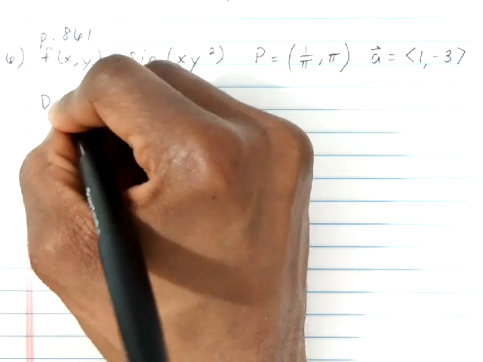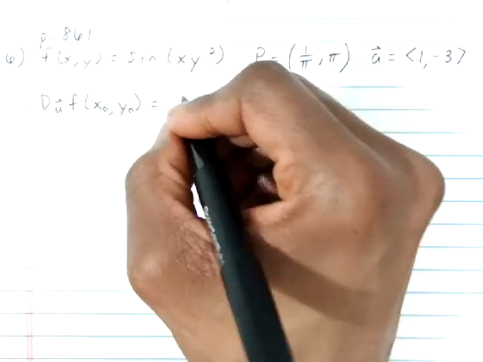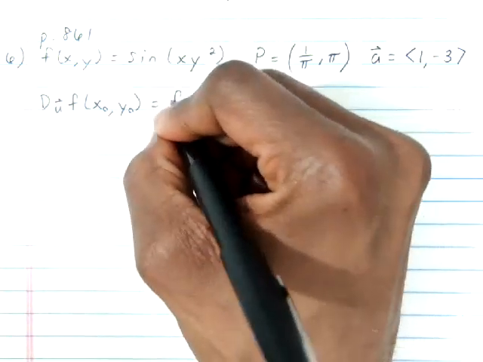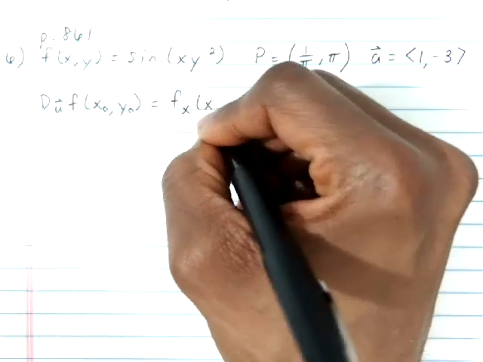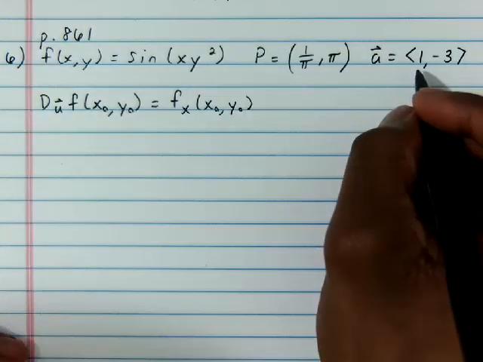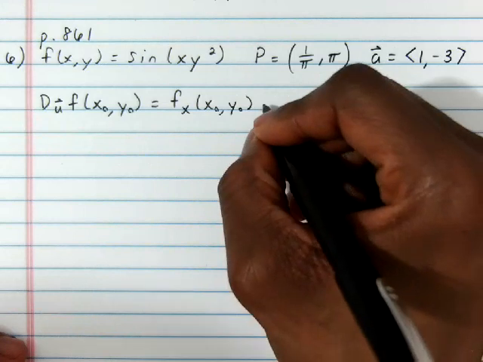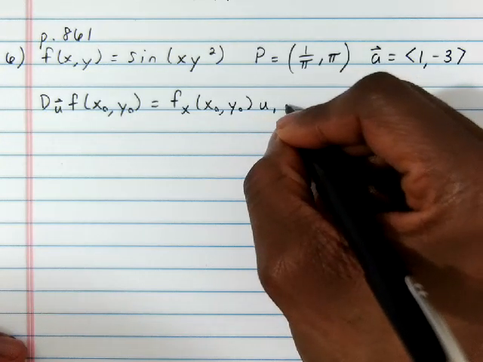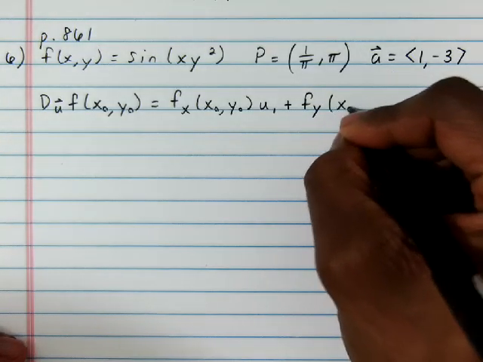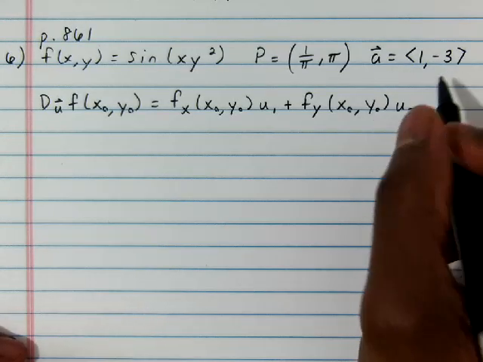D sub u of f at x naught, y naught equals the gradient of f dotted with a unit vector, or f sub x at x naught, y naught times u1 plus f sub y of x naught, y naught times u2. I'm using u1 and u2, although I used a1 and a2 before, and I'm not using a because remember, you need to have a unit vector.